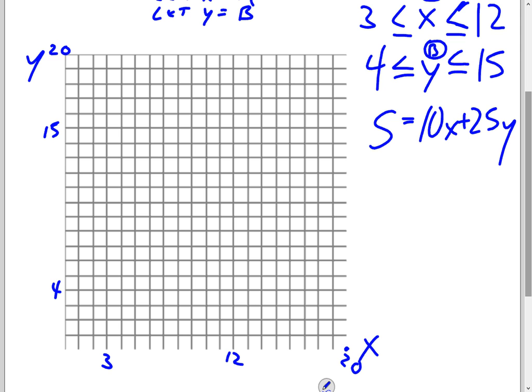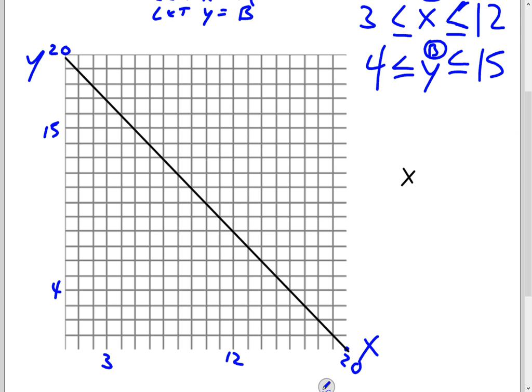Those are our key points. Let's see. In total, you can answer no more than 20. So that would have been your final constraint. Erase that.